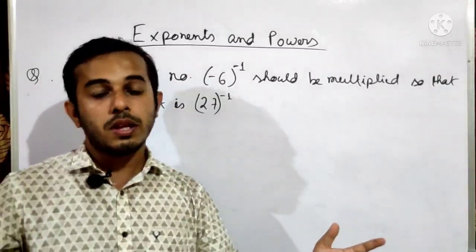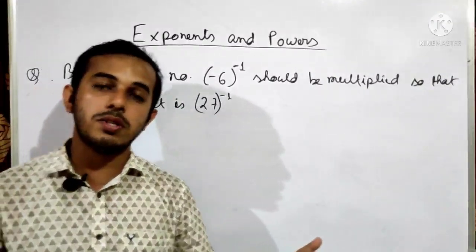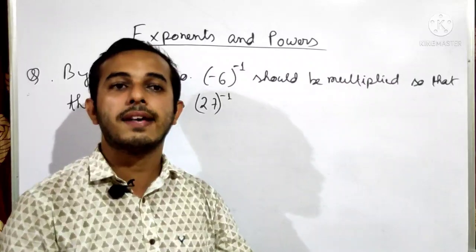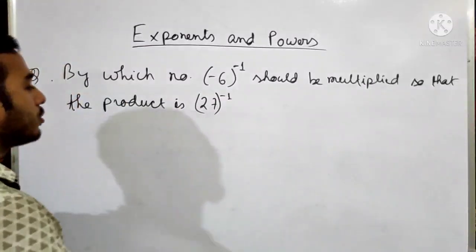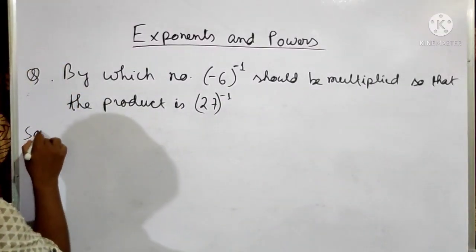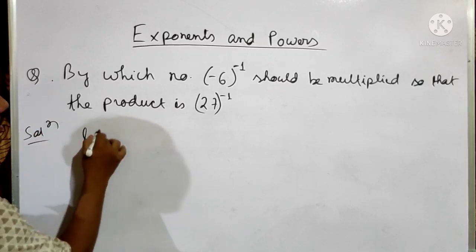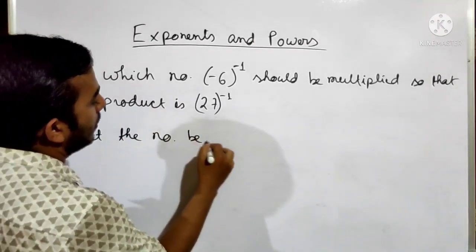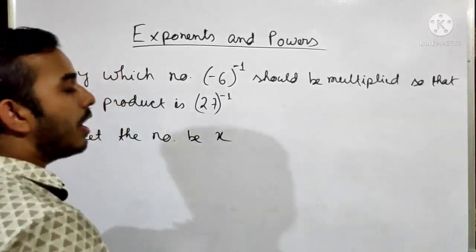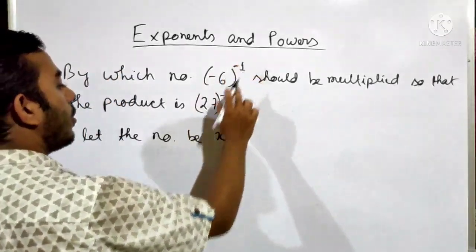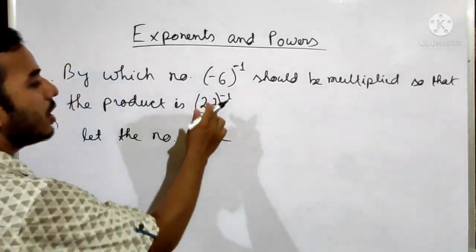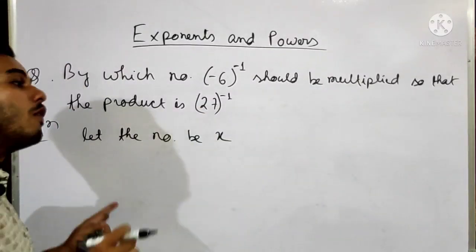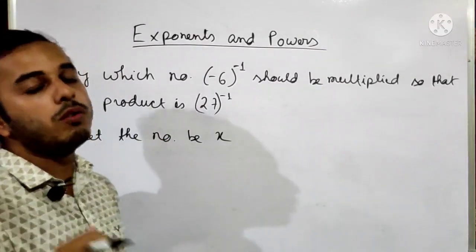In maths we generally consider the other number to be x. So here also we will consider let the number be x. Now if we multiply -6 power -1 with x, we will get the result 27 power -1. From that we can find out the value of x.